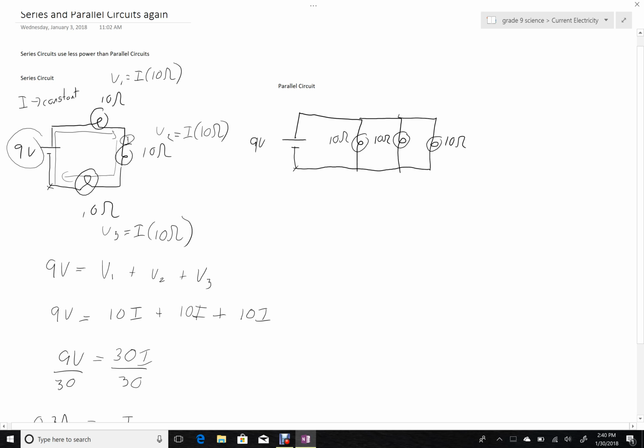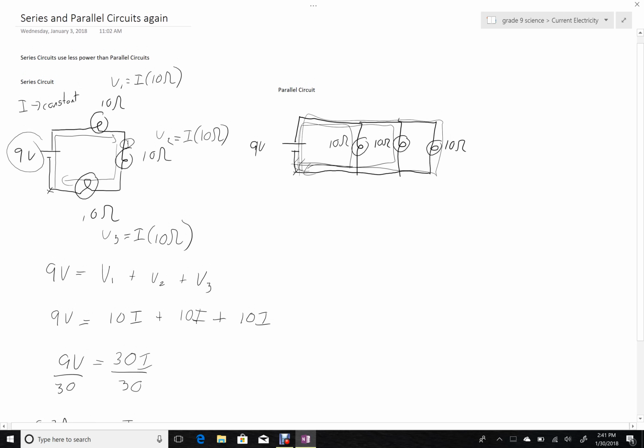So here I'm going to do 3 separate loops, and what I'm going to realize, and this is common to parallel circuits, is that since each of these loops only goes up the battery and down the resistor, then if I go up 9 volts, I have to come back down 9 volts at each resistor respectively. What that means then is I can find the current at each resistor.